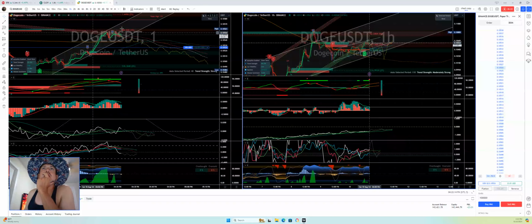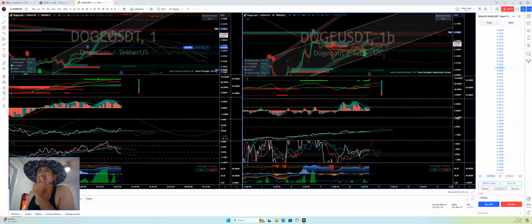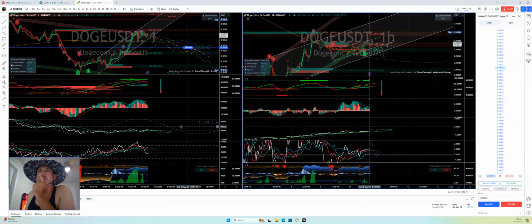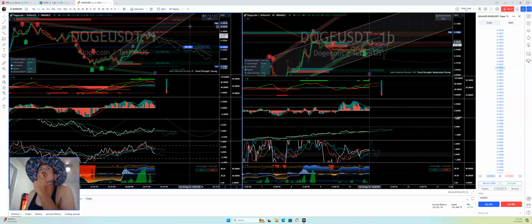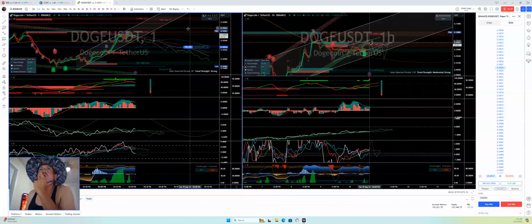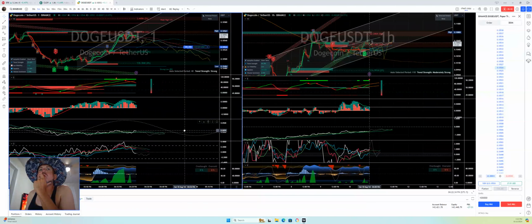Looks like this one went and widened a little bit. Starting to roll, starting to shift upward. So it's not as biased as it was to the downside anymore.